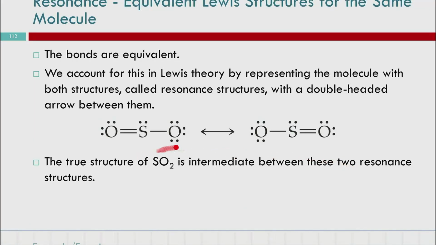And so this is what it would look like with that double-headed arrow. We call them resonance structures. Resonance structures show up on the worksheet. Any questions?